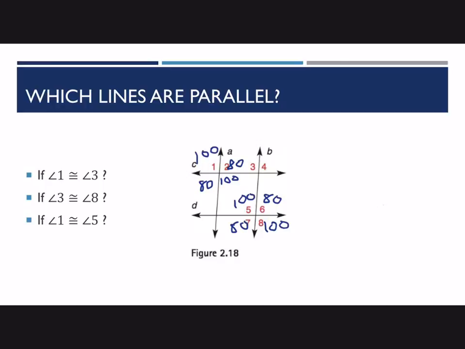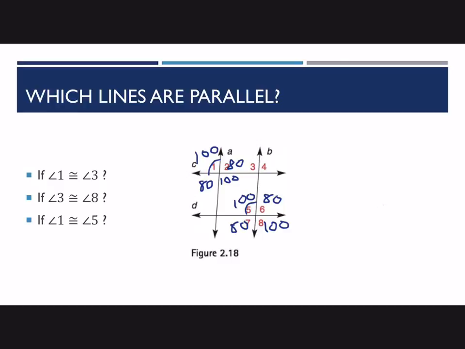All right, but what we're looking for is a pair of lines that we could show are parallel. Now, for instance, if you look at angles 1 and 5, those are not corresponding angles because they would have to be on top of a pair of parallel lines, right?